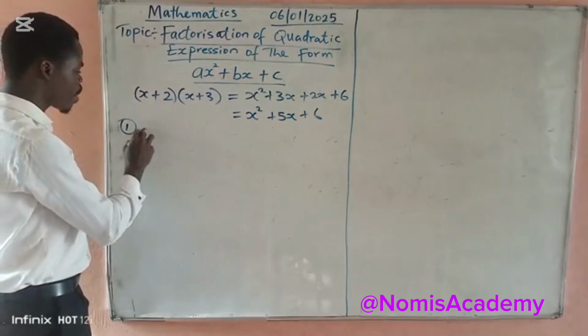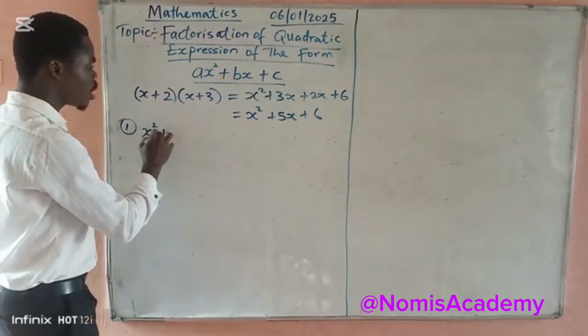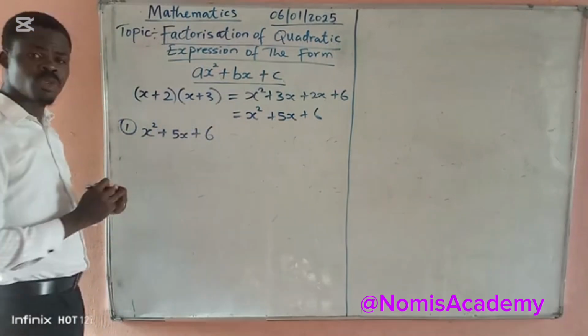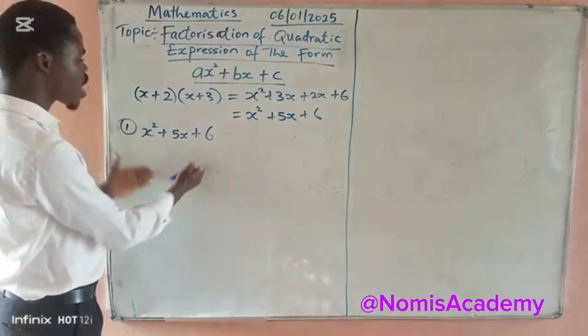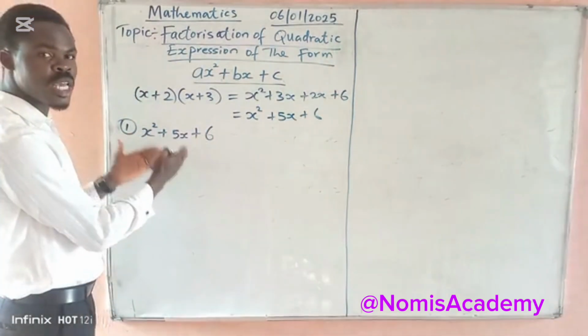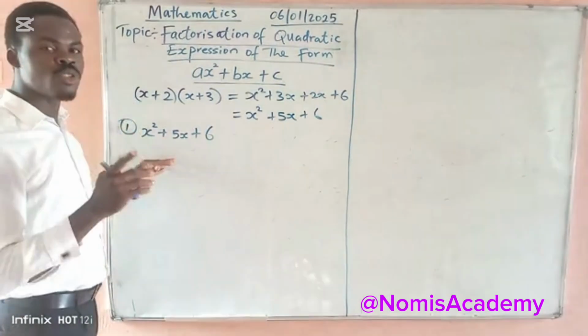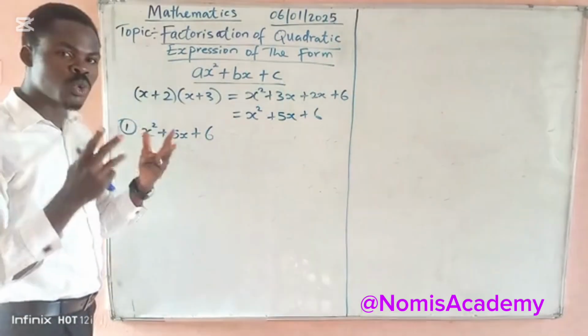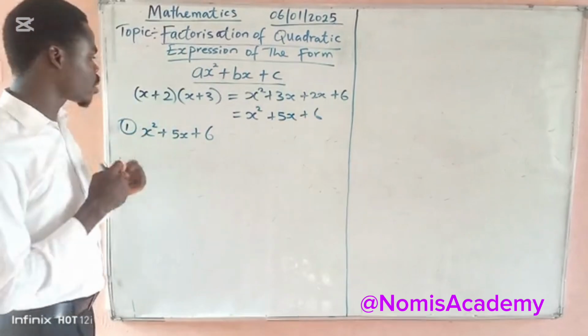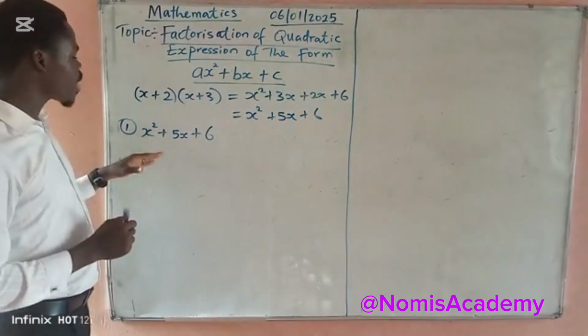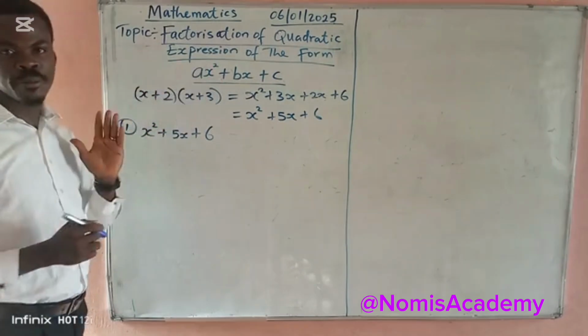Now, let's pick this as our first example. Number 1, x squared plus 5x plus 6. We want to learn how to factorize this quadratic expression. Remember, I said the result is going to be a product of two linear factors. Now let's start. The first step to take is to multiply the first and last term.